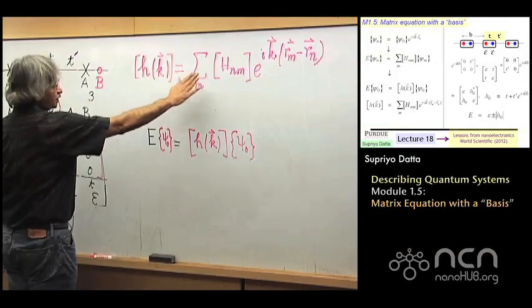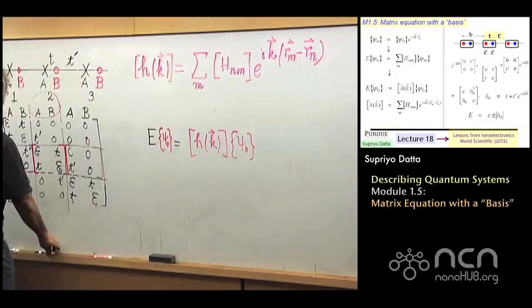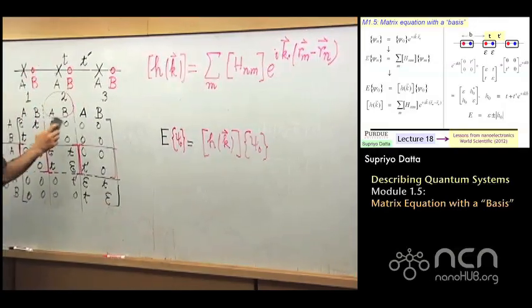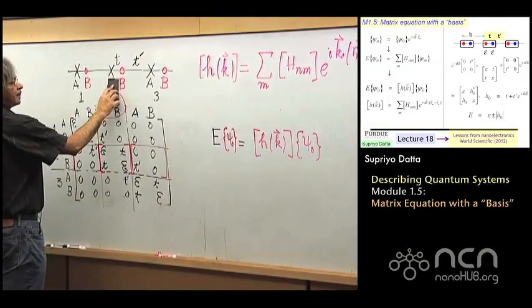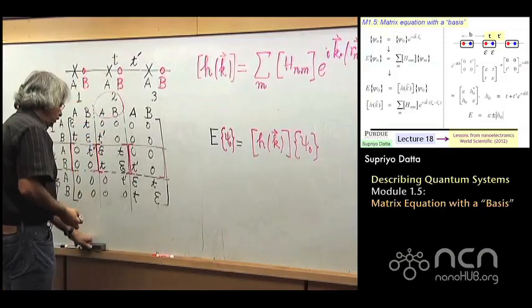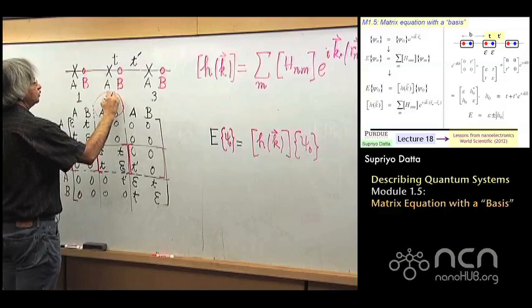And I have to do this summation over m. And so the idea is, okay, we go to any particular point, let's say this one, and that is the location n. So that's the point 2. We're standing at 2.